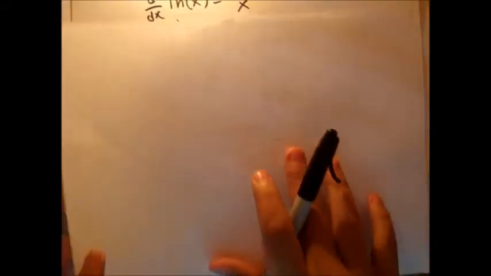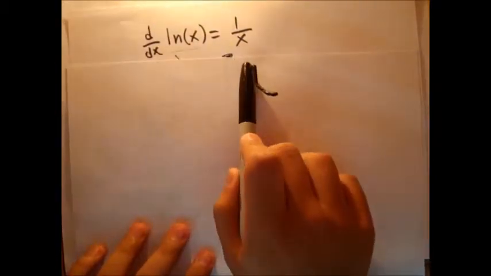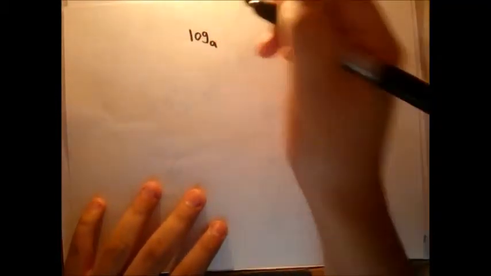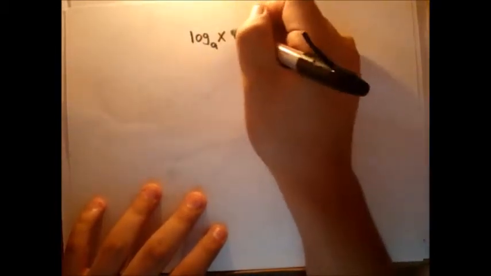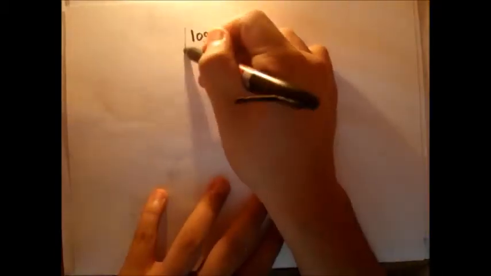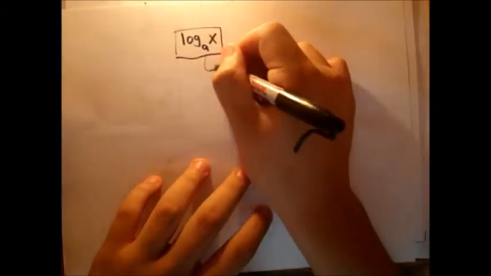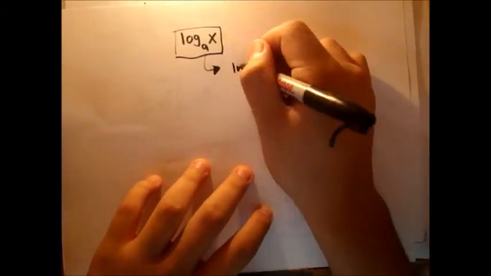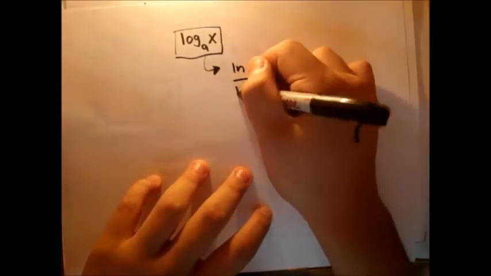Here we've seen how the natural log of x, its derivative is just 1 over x. Let's actually look into other things. For example, here we have log, instead of base e, we're going to have base a of x. Okay? So how would we find that? Well, we have to exploit more log properties. Now we're going to use change of base from our log toolkit, and this gives us, we're going to change it back to ln because it's very convenient, ln x over ln a.